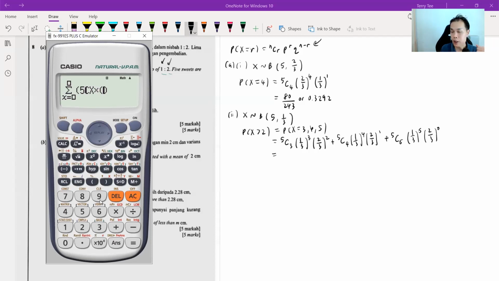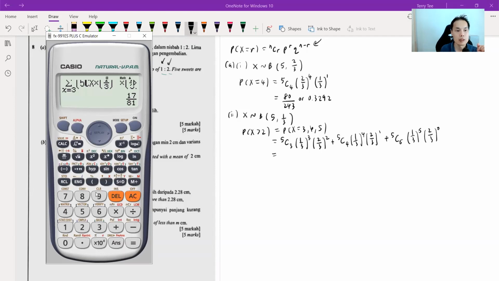You multiply with your probability, 1/3 power X, alpha X. Then you multiply with 2/3 power N minus X. My N is 5. You minus alpha X. Okay. Then I move down to this sum. We start from 3. We end up at 5.